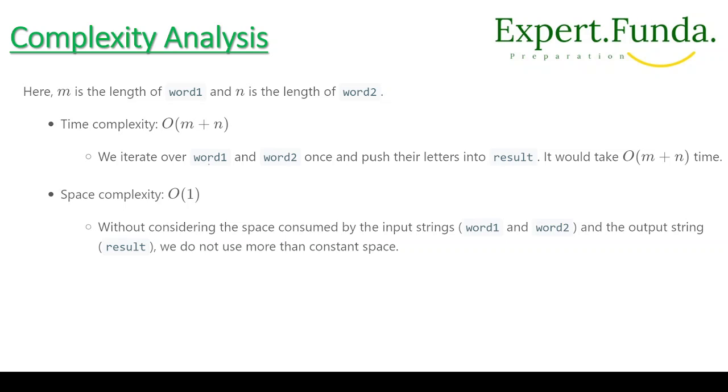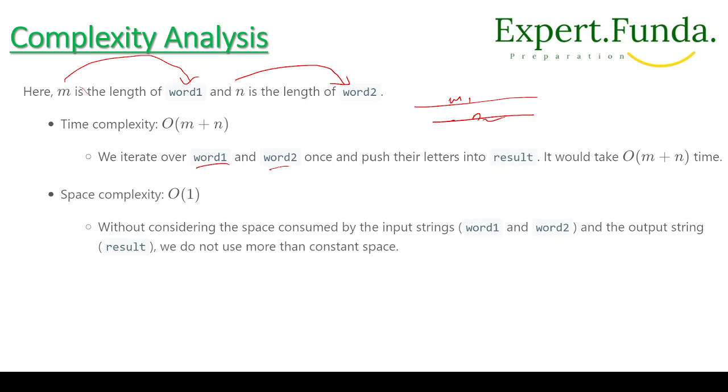So if m is the length of word 1 and n is the length of word 2, we can see that we are moving through all of m and all of n, meaning all the letters we are going through. So it will be a combination of word 1 and word 2.